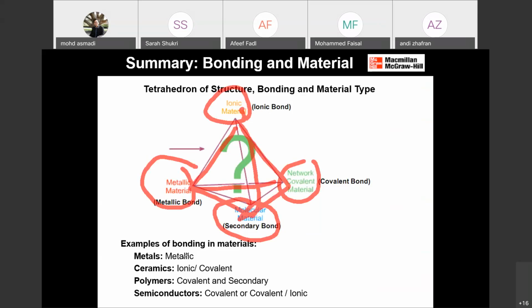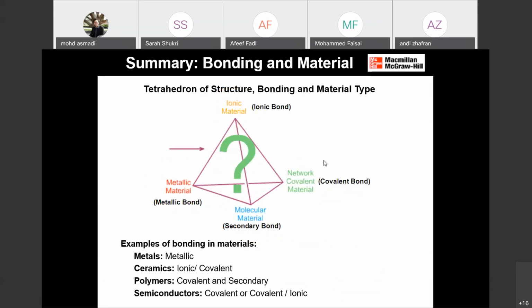Examples of bondings: metal is metallic; ceramic is covalent and ionic; polymer is covalent and secondary; semiconductor is covalent and covalent-ionic. So they can mix primary with primary, ionic and covalent, or primary with secondary bonding. It's possible in materials for the structure.